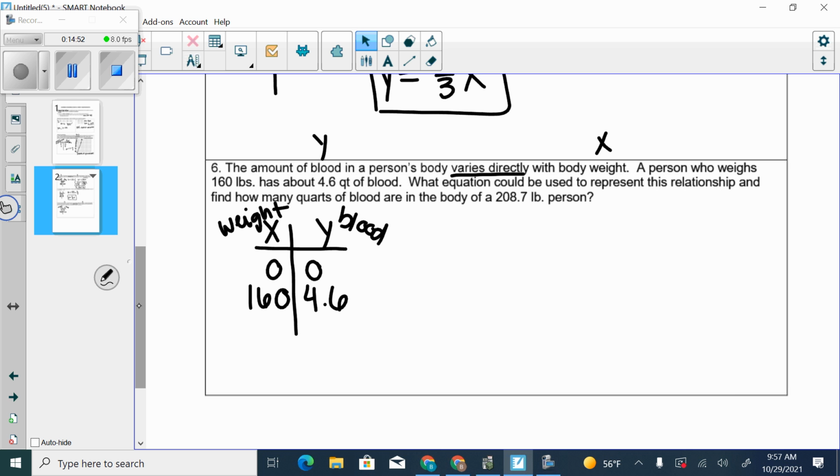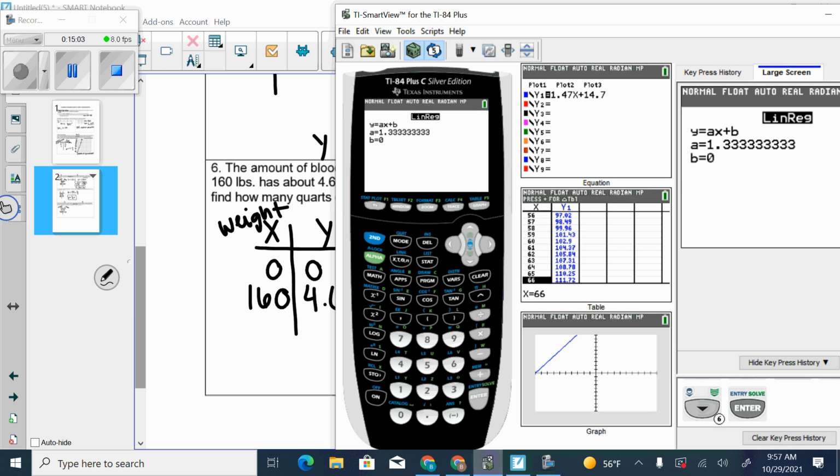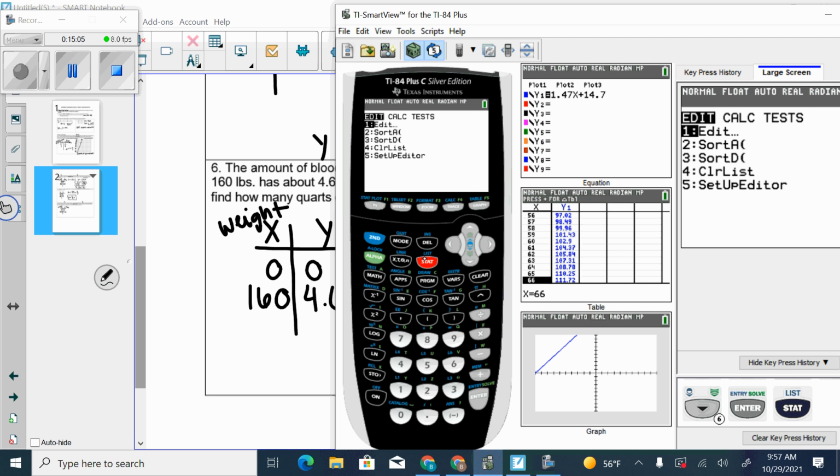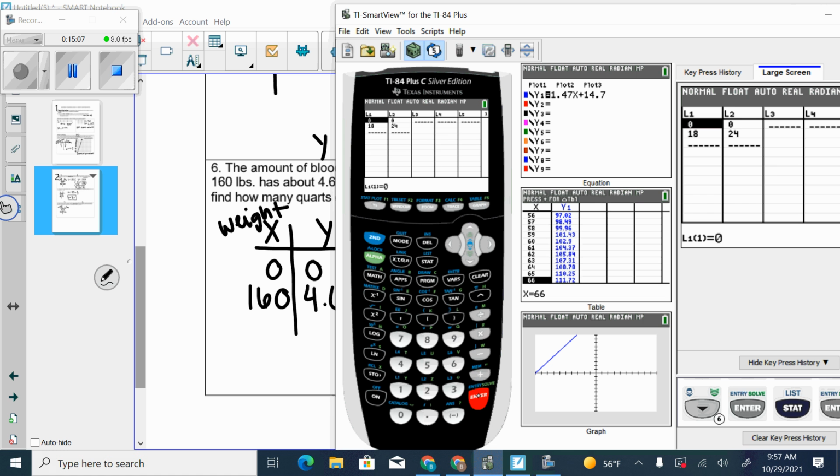What equation could be used to represent this relationship? And they want us to find how many quarts of blood a person who weighs 208.7 pounds might have. So we go back to our stat and edit. Just need to change out my bottom numbers here. So in list 1, I'm going to change that 18 to a 160.